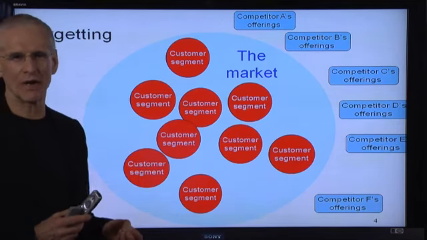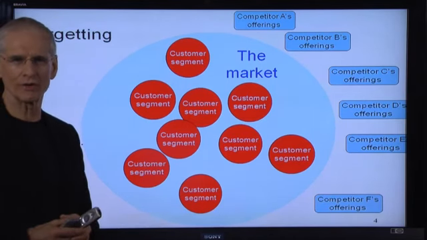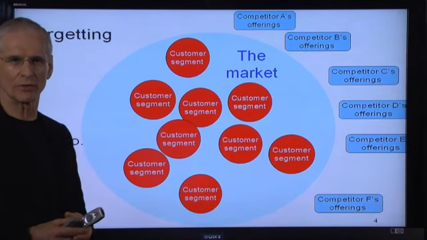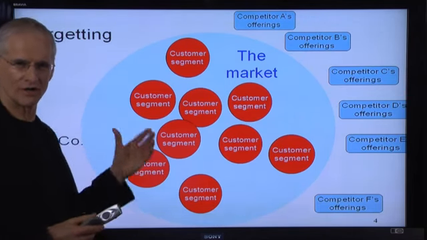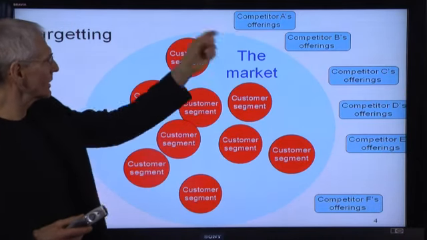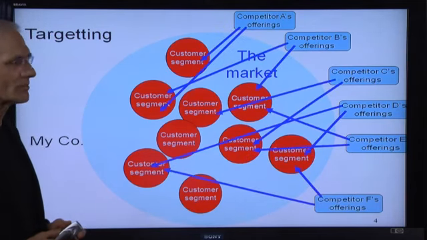I will not address how to segment here. This is part of our marketing, and I will assume that you are broadly familiar with the notion of segmentation. So the red circles here are segments. In blue, you've got competitors, various companies who are targeting various market segments.